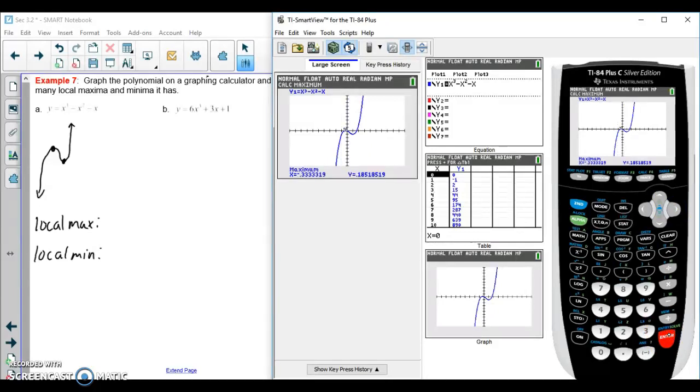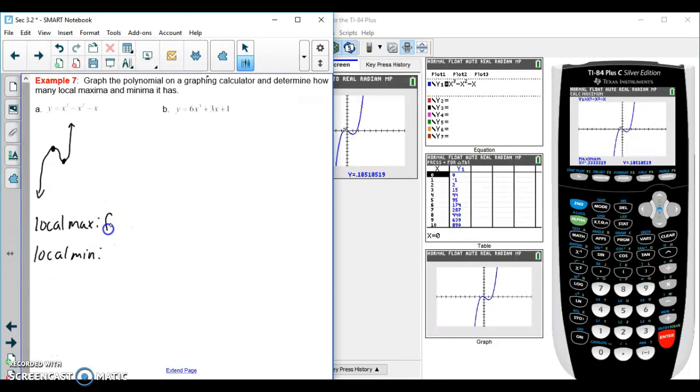Hopefully I have a local max at x equals, so I'm going to write it as f of negative 0.33, and that gives me about 0.1852, rounded up. So that's where my local max is.